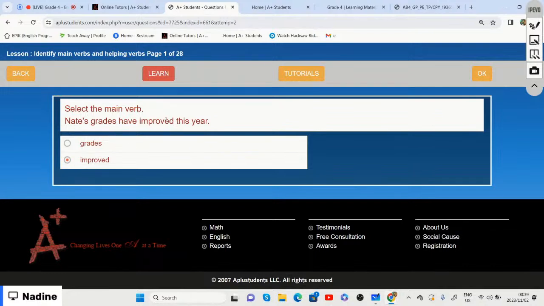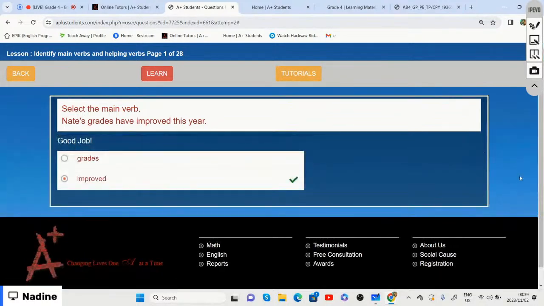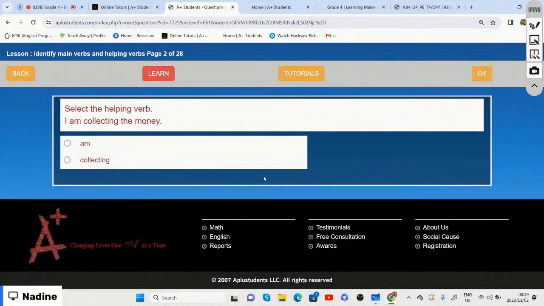It has improved. So improved is our main verb. Well done.